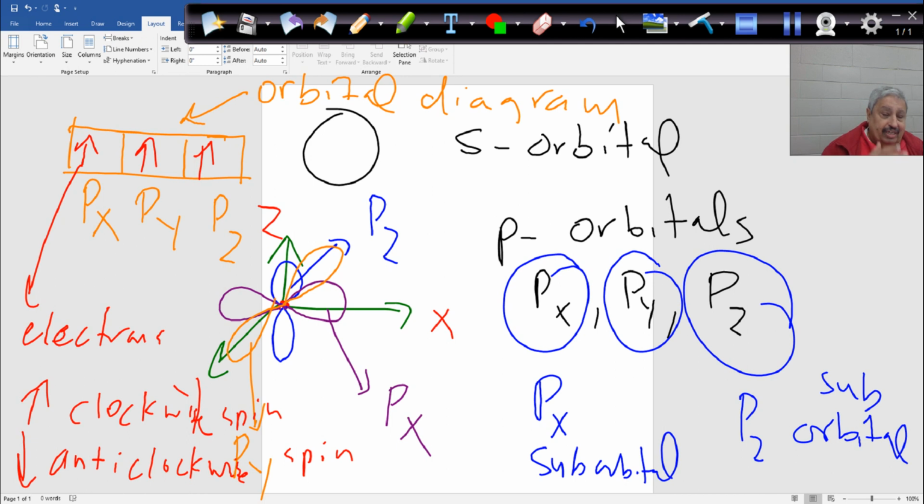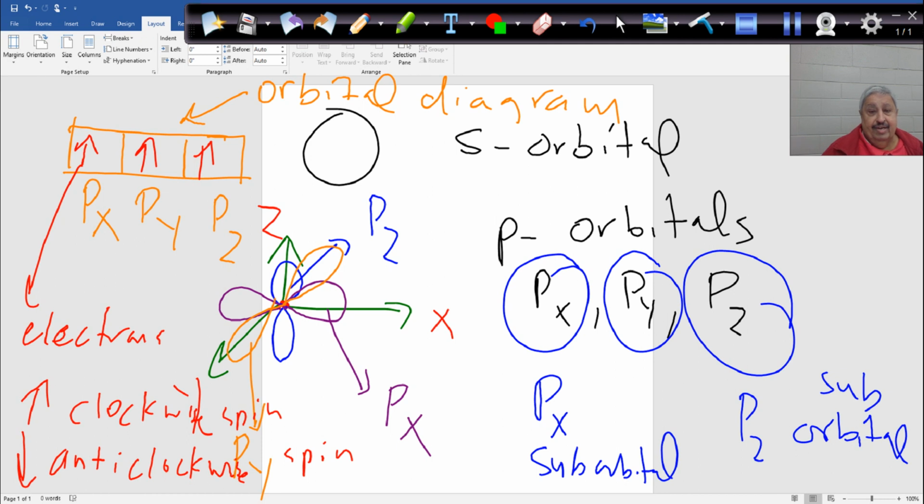The p orbital, however, is one orbital but has 3 suborbitals, depending on the dimension and orientation of each. This dumbbell around the z-axis is the Pz suborbital, on the x-axis the Px, and then the Py.